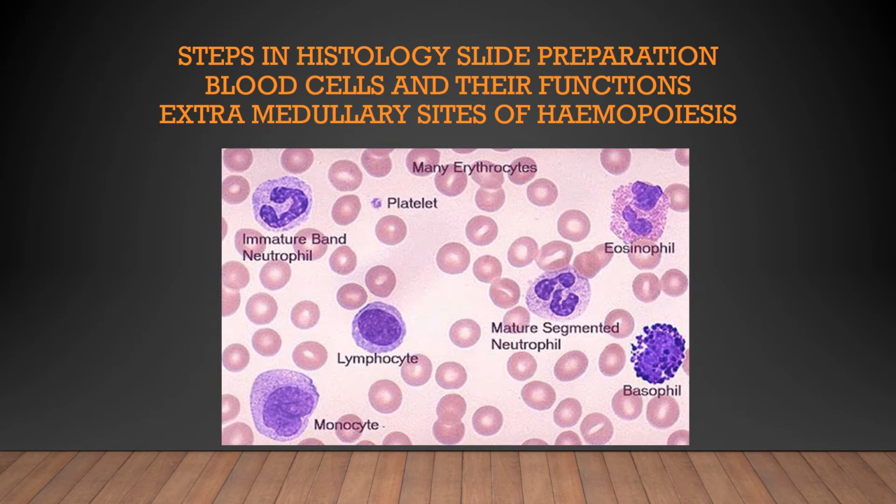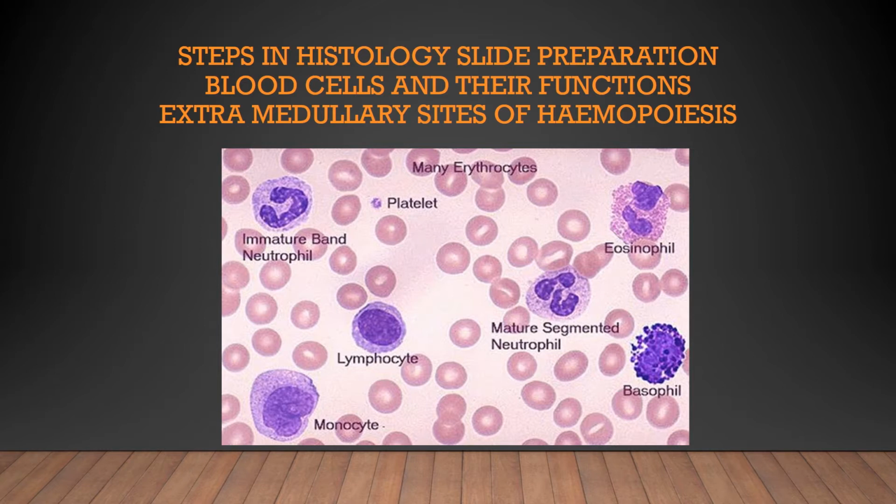And then you have lymphocytes, which contain a large nucleus with a thin rim of cytoplasm, and they represent active B or T cells. Then you have monocytes, which are the largest, and they contain small granules in their cytoplasm. These granules contain lysosomal enzymes and peroxidases, and it plays a role during an inflammatory response.